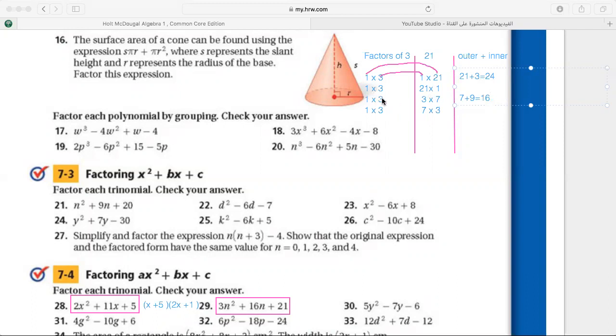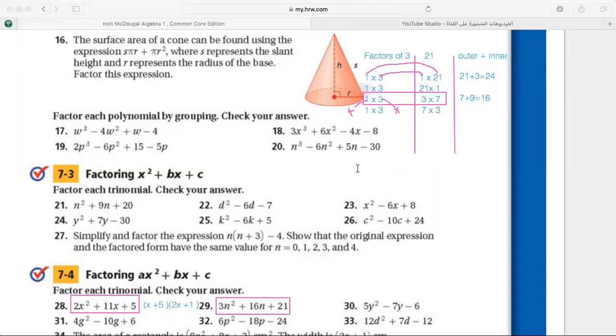So now I will use this package, 1 and 3 and 3 and 7. This is the correct one. Let me check this one. Okay. Don't forget that factors of 3 are coefficients of n. This will be for n, and this will be also for n.